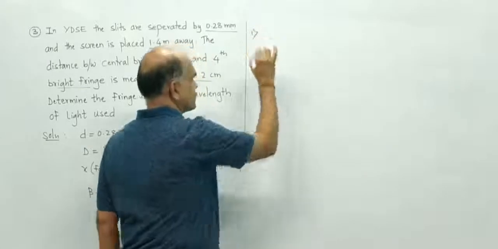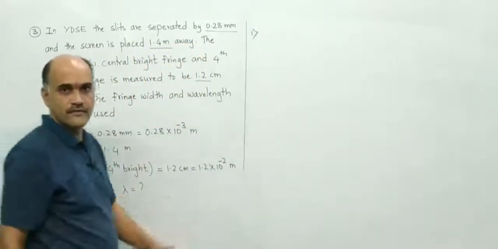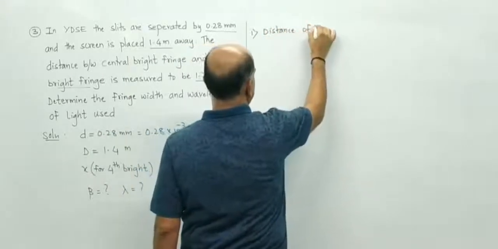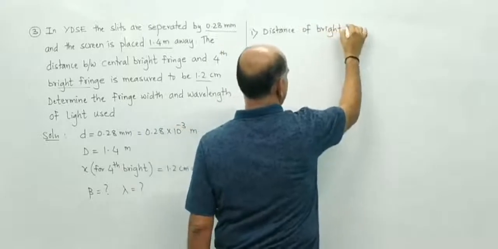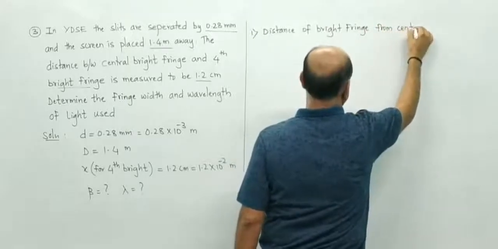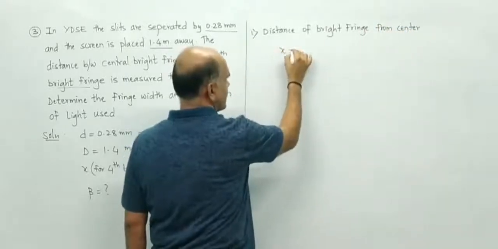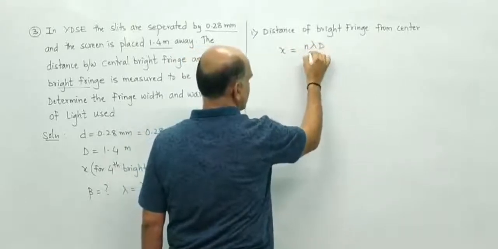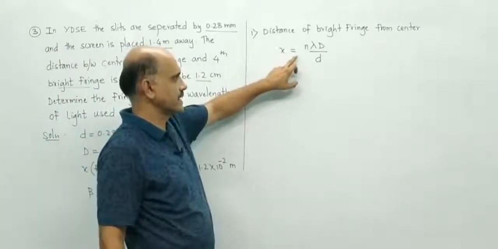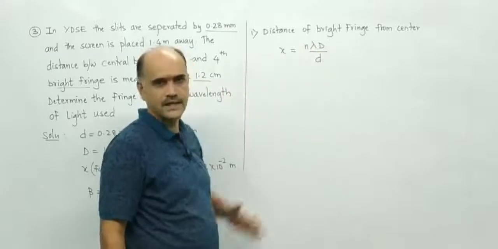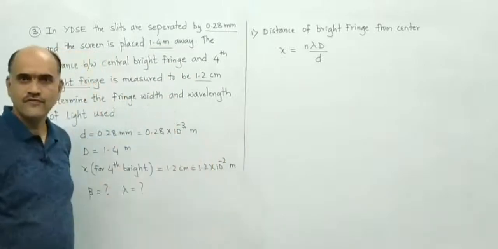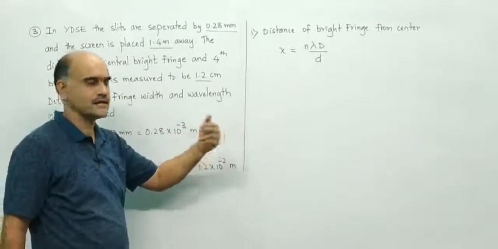Now again observe here, students. Distance of bright fringe from center, I will denote it as x and is given by n lambda capital D by small d, where n is for fourth bright it will be 4, for third bright it will be 3, for second bright it will be 2.